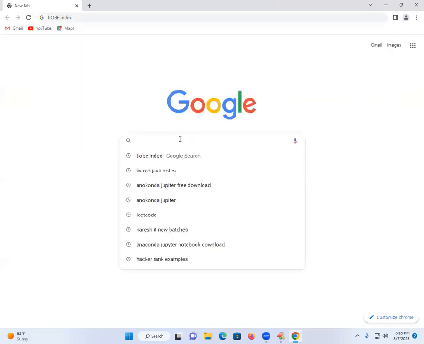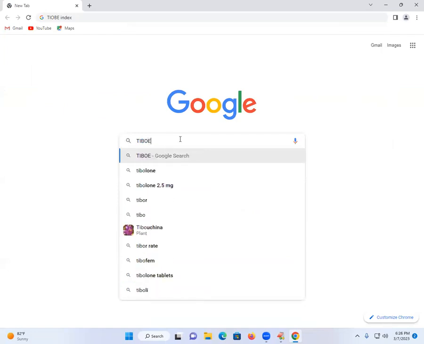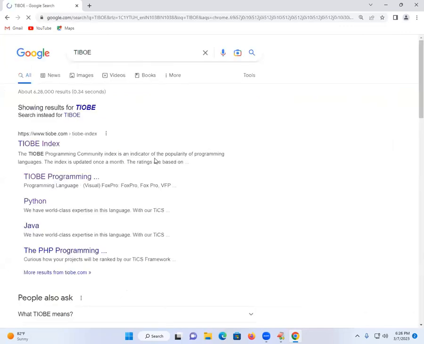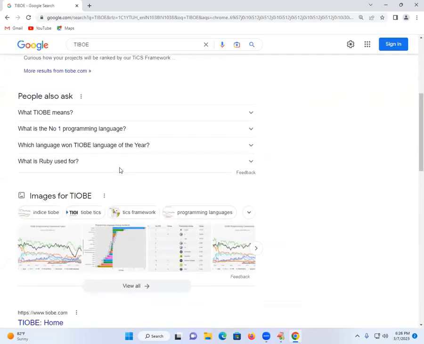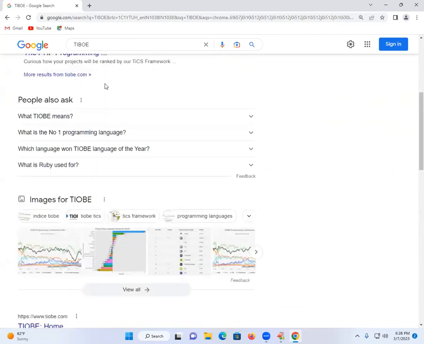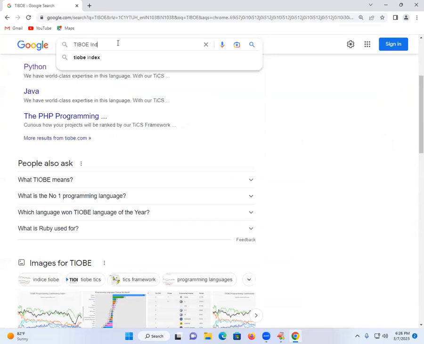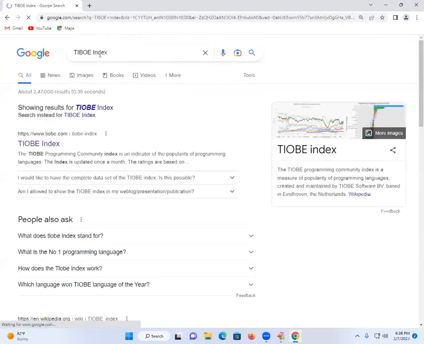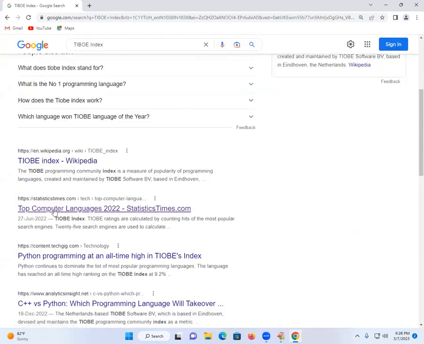It is one of the popular software survey companies. They talk about the popularity of programming languages. What is the TIOBE index?